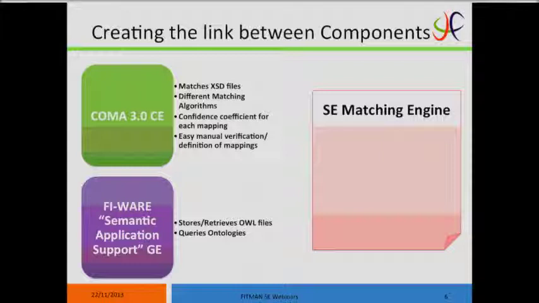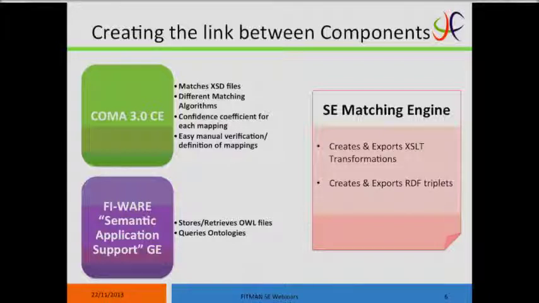So taking those tools together, we have created in our specific enabler an engine that creates and exports XSLT transformations, which is something the COMA toolkit is unable to do at the moment. The COMA toolkit only visualizes matchings, but does not export the result in order to be reusable by anyone.